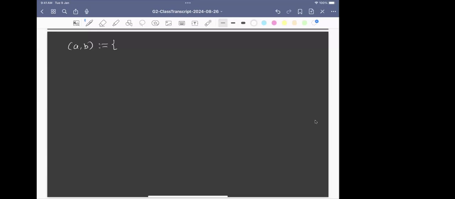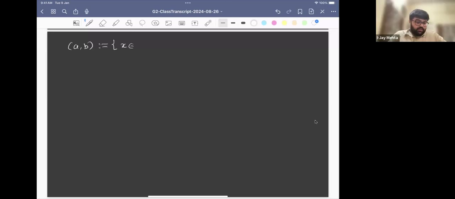Sir, X lies between A and B. X is greater than A and less than B. So X belongs to R such that X is greater than A and less than B. Pragya, same answer.